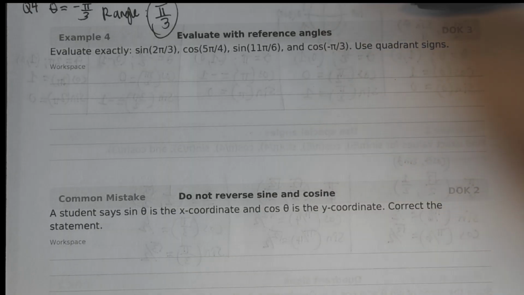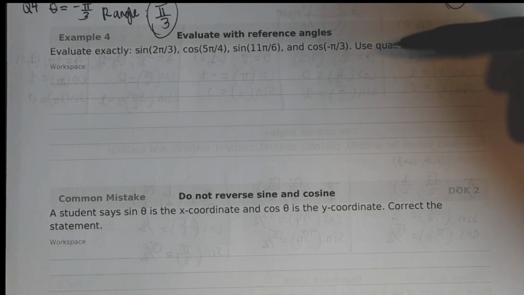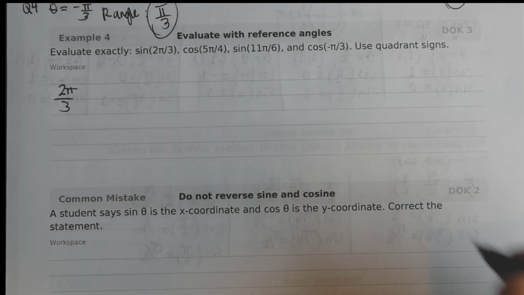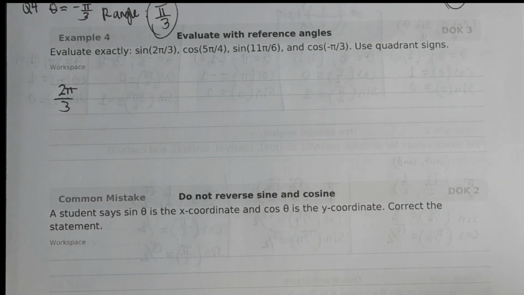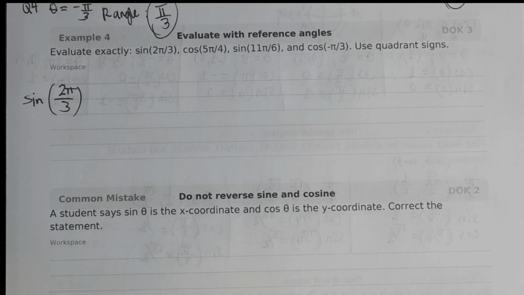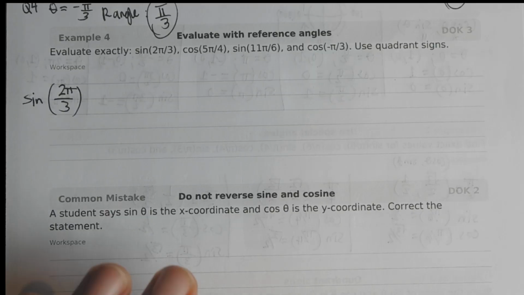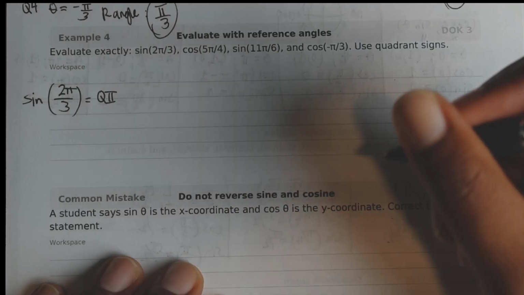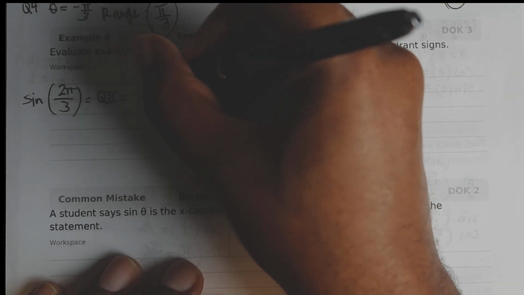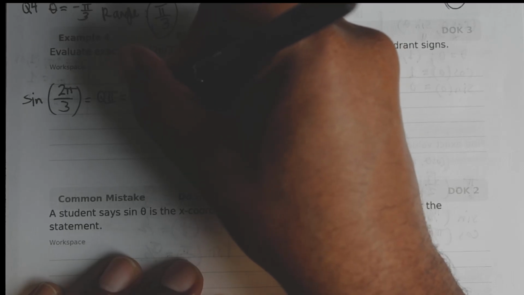All right, let's continue. Example number 4. We're going to evaluate these exactly, using quadrant signs. We want to start with sine of 2 pi over 3. This is in quadrant 2, and the reference angle, as we discovered, was pi over 3.